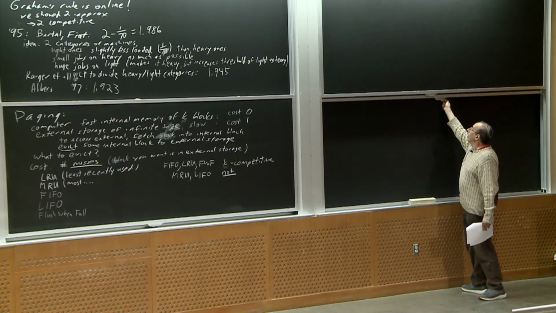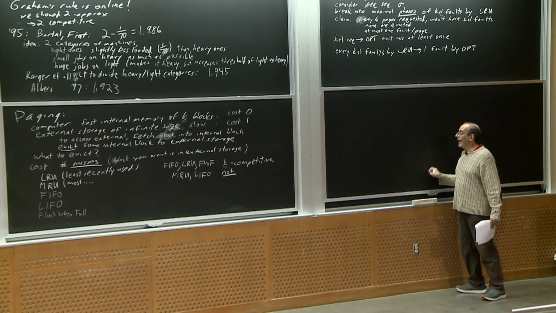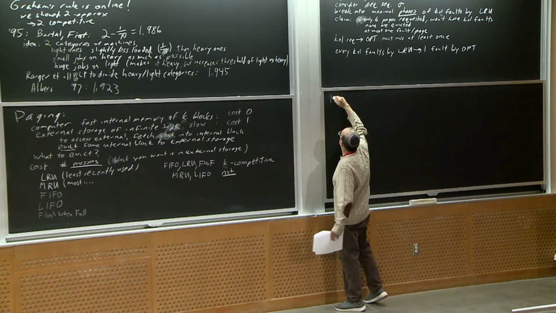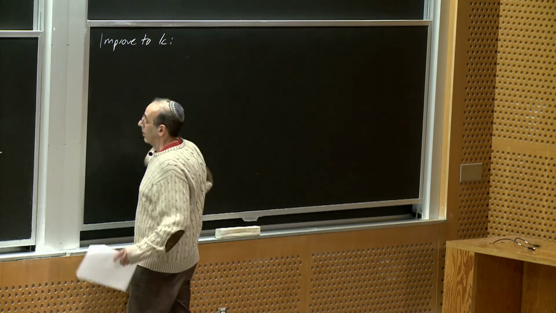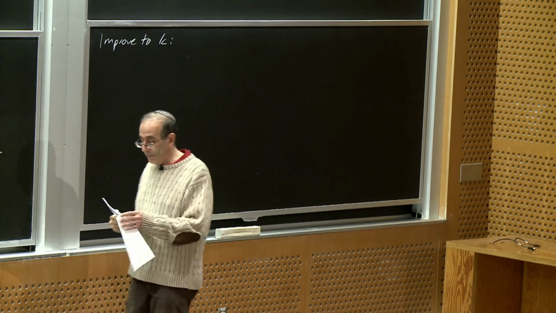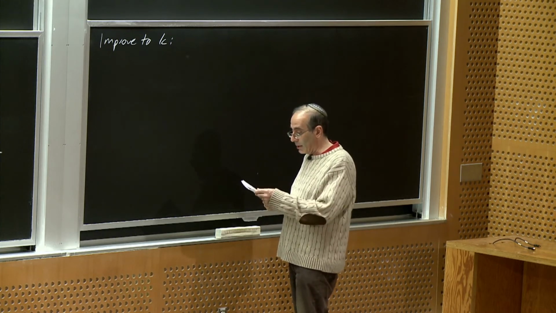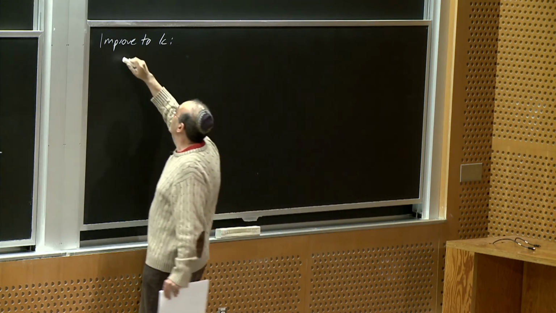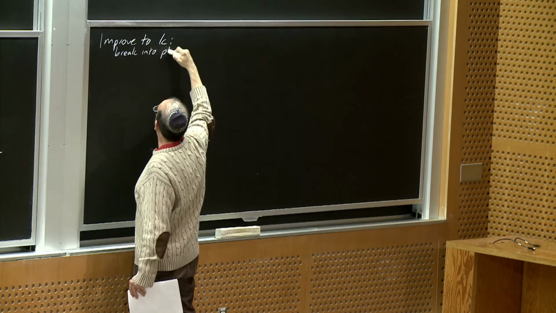Now, if we refine that analysis a little bit, we can actually improve the competitive ratio to K. I'm not sure I can give you all of the details, but let's get started. I'm going to break it not into phases of K+1 faults, but into phases of K faults.